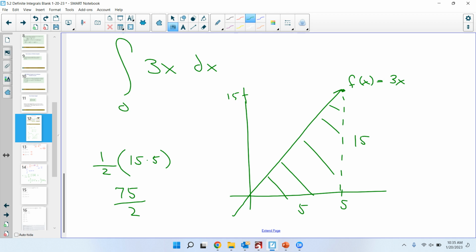What, 37 and a half? Either way. Make sense? That's how to do it geometrically.